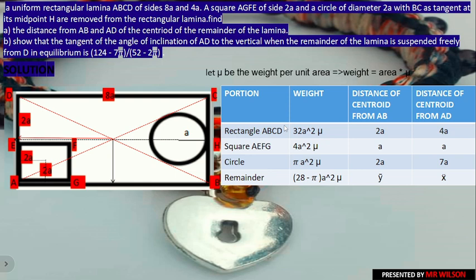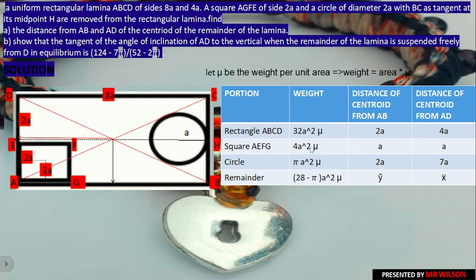Okay, so don't forget our weight here is the area times mu. So for the rectangle, you calculate its area, you multiply by mu. For the square and the circle, you do the same. Now for the remaining body, you first of all have to add the weight of the square and the circle. Are we okay with that?